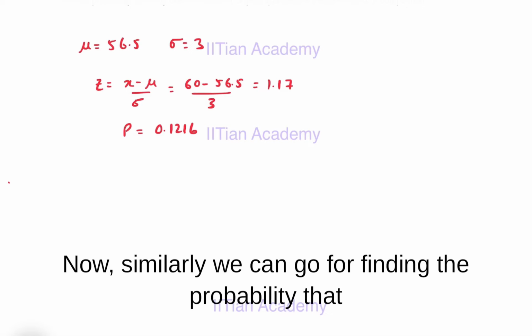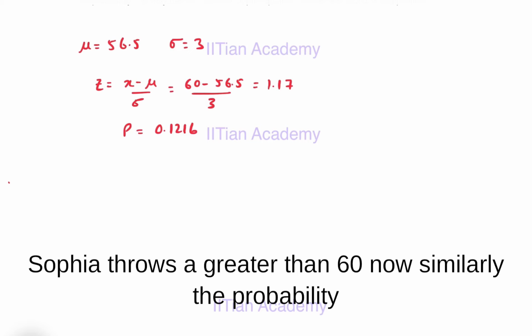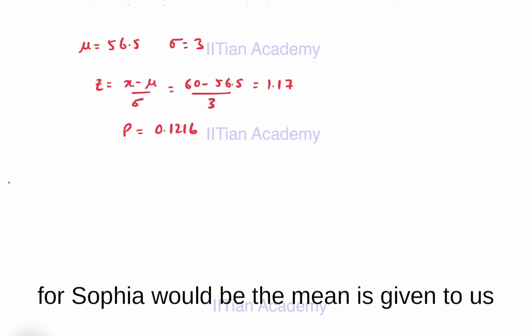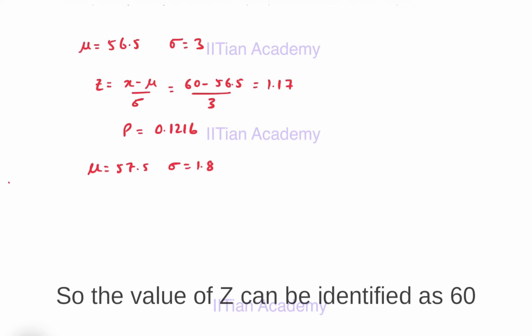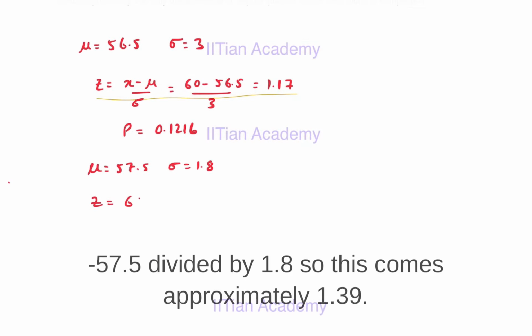Now similarly, we can go for finding the probability that Sophia throws greater than 60. The mean is given to us as 57.5, sigma is given as 1.8, so the value of z can be identified as 60 minus 57.5 divided by 1.8.